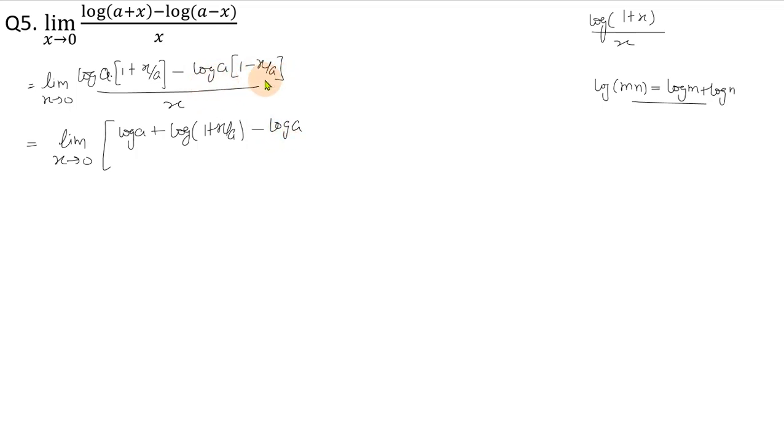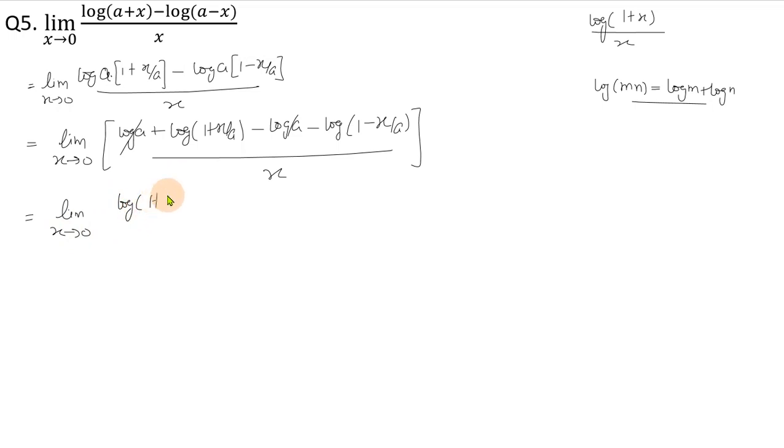Again the same property is applied here, and since it is a negative sign here, the internal sign will be changed. So this is minus log of 1 minus x upon a, whole divided by x. From here log a gets cancelled, and we have limit x approaches 0 log of 1 plus x upon a minus log of 1 minus x upon a, whole divided by x.